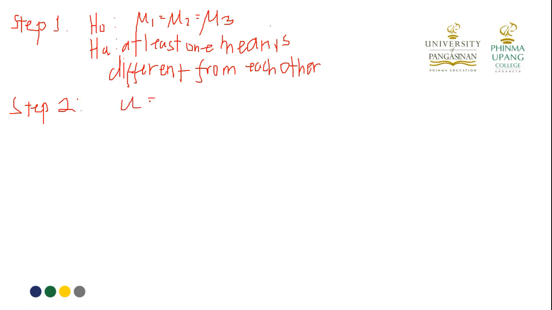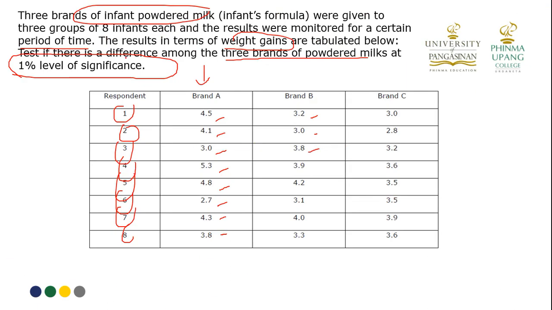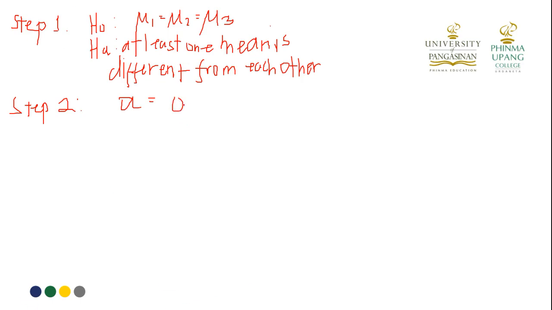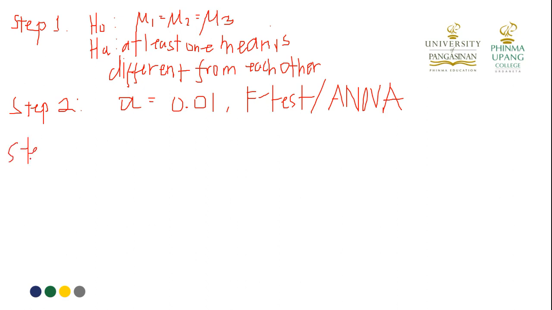Yung ating alpha, balikan natin, yung alpha natin dyan is 1% level of significance. So, ibig sabihin 0.01. Then, yung test statistic daw is F test. So, yung F test ay tatawagin natin siyang ANOVA. Next, step number 3.